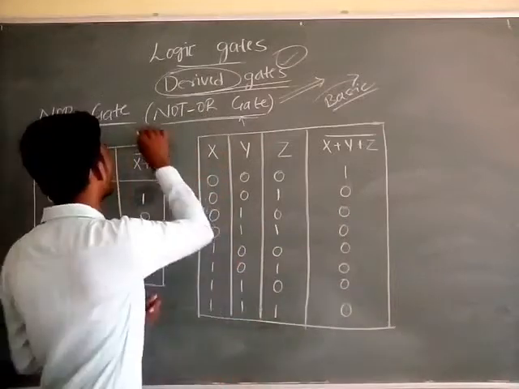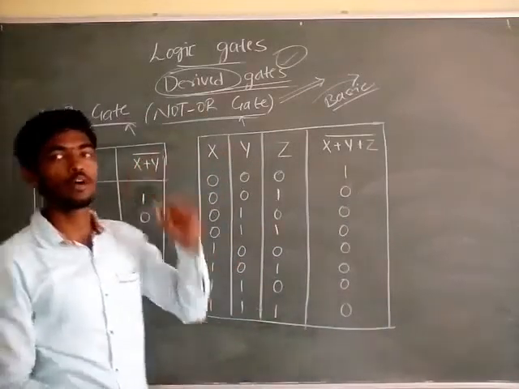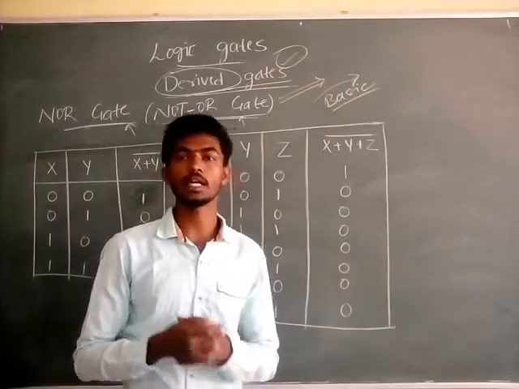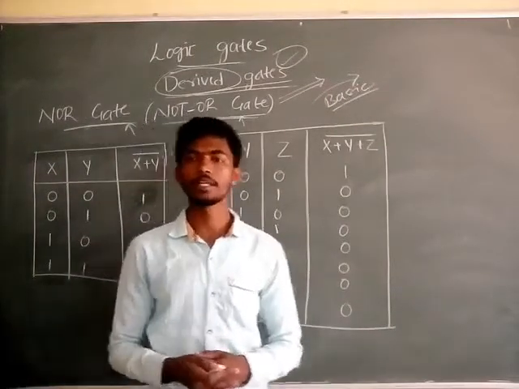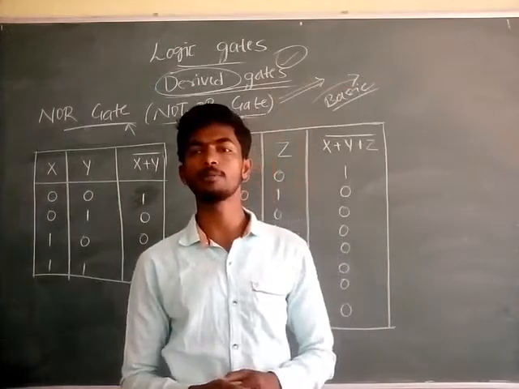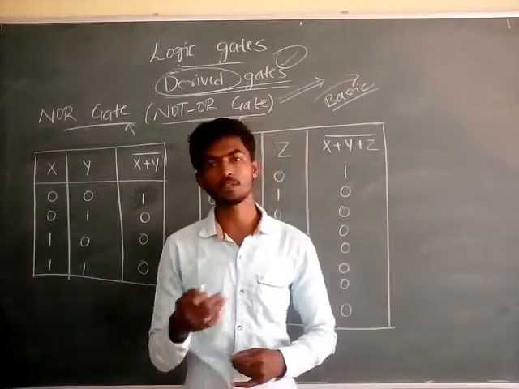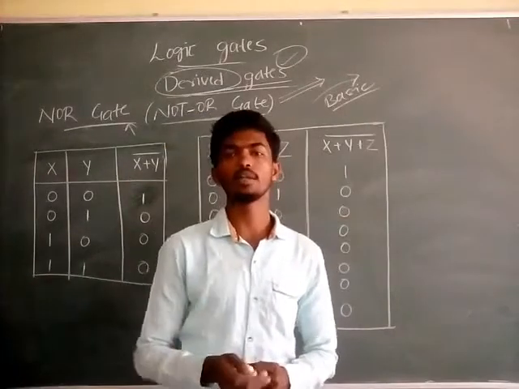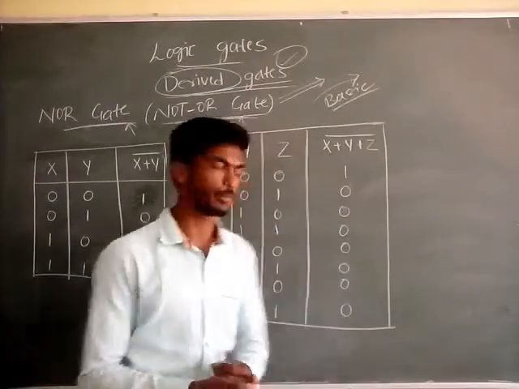The NOT gate accepts only one input and the OR gate accepts two or more inputs, and together they provide only one output for the given inputs.